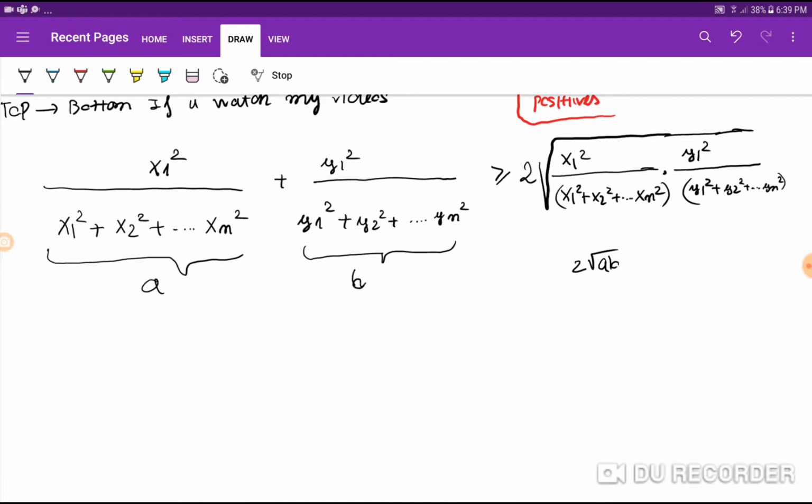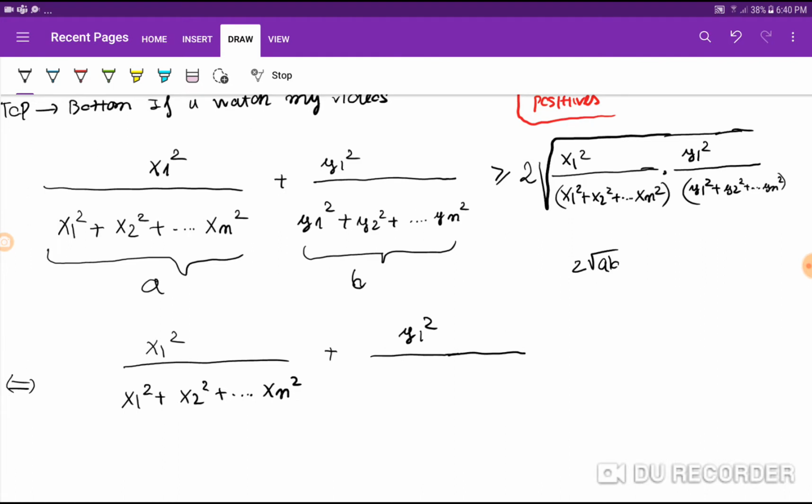So if I do some rearranging, you have x1 square over x1 square plus x2 square plus all the way to xn square, plus y1 square over y1 square plus y2 square plus all the way to yn square. Why I picked these variables as a and b, you'll see later. Hopefully it will slowly appear like the sun rising up from the hill. Let's see what we arrive at.